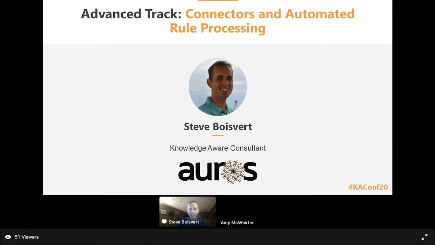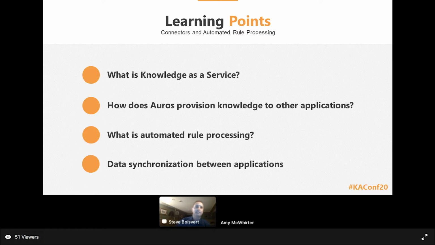And so for today, my focus is to explain how connectors and automated rule processing can be utilized to advance a process's ability to become knowledge aware. My plan is to walk us through some baseline information. To set the stage, I sat through a few of these other presentations, and we've touched on some of the fundamental technologies that Auros relies on.